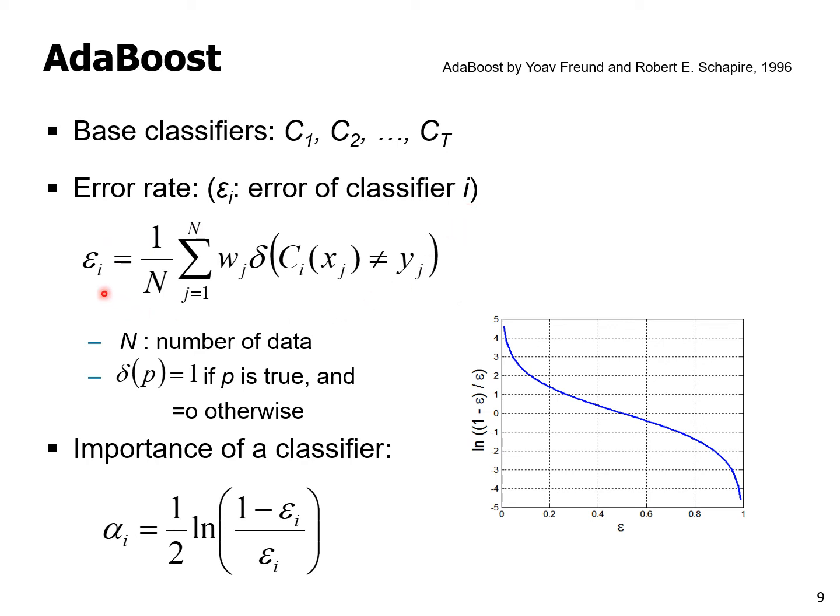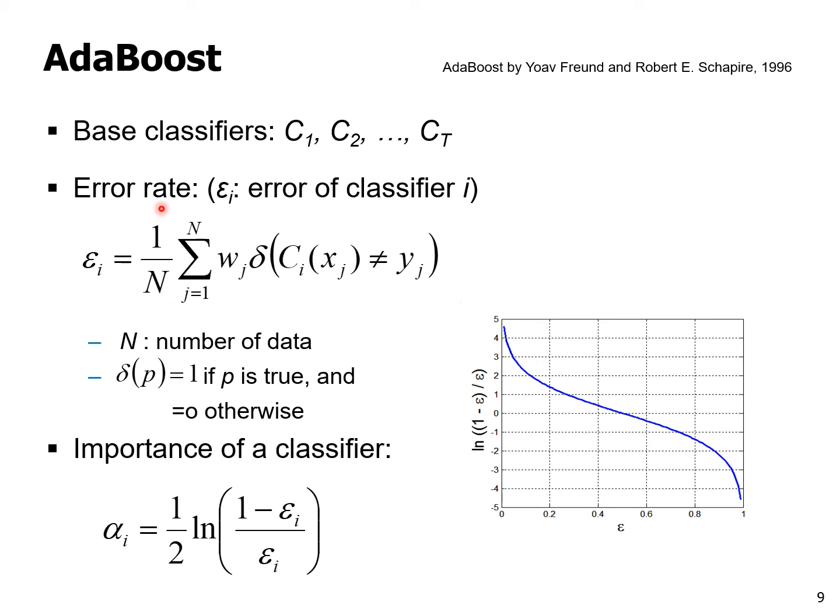So simply put, the error of classifier i is the summation of the weight values of misclassified data. That's the definition of the error of classifier i.